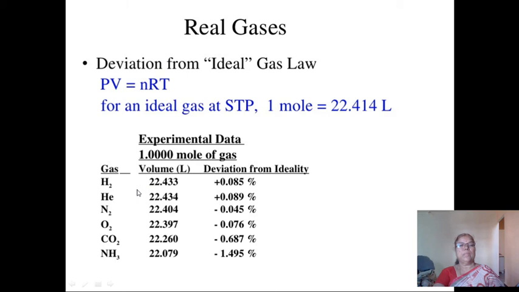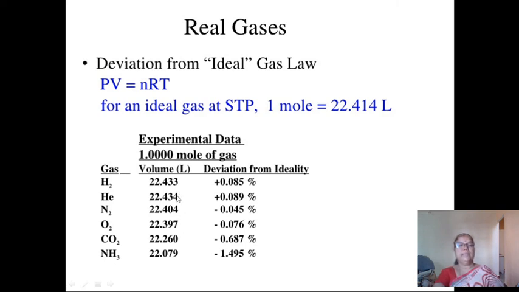Here the ideal gas has a volume of 22.414 liters. In the case of H2, this volume is 22.433. Helium, 22.434. N2, this volume, O2, this volume.